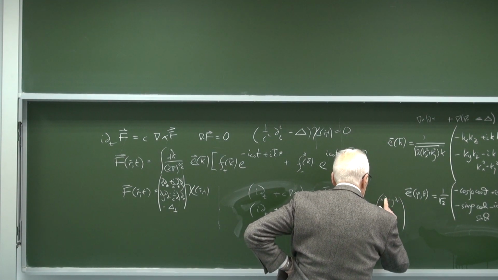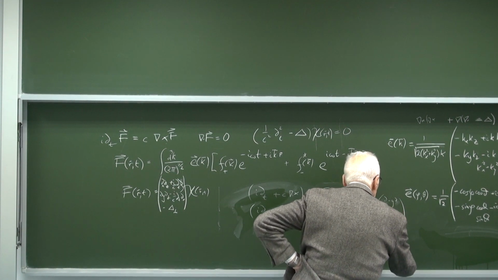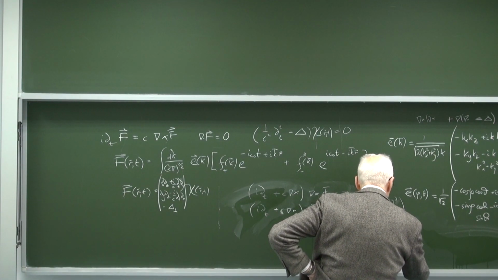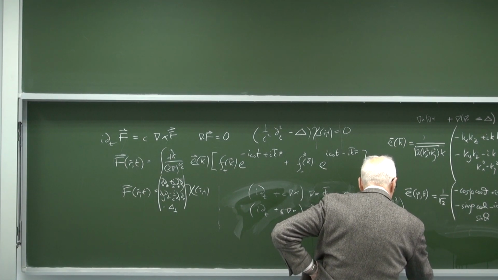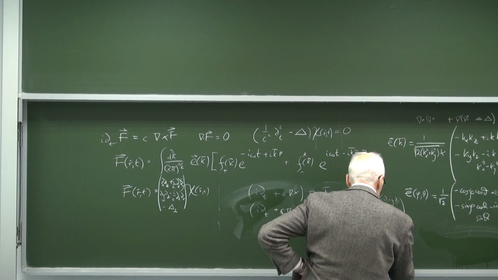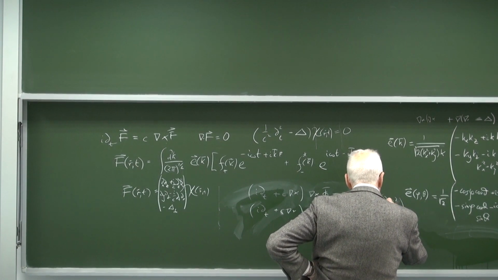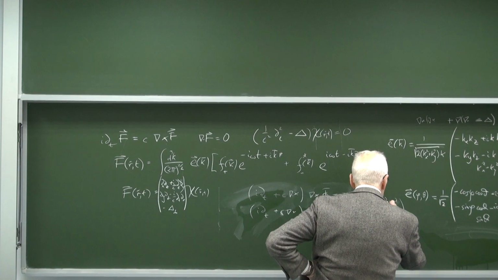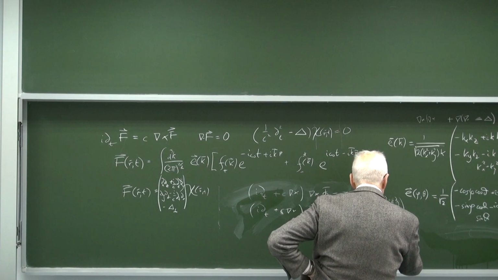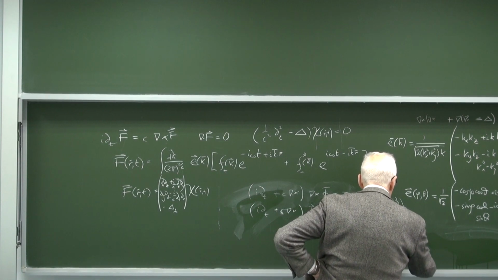I'm sorry, this is the z component. So the z component is x d/dy minus y d/dx, and the remaining components are obtained by substitution. Instead of x, now we can have y, so there will be y d/dz minus z d/dy, and here we'll have z d/dx minus x d/dz.